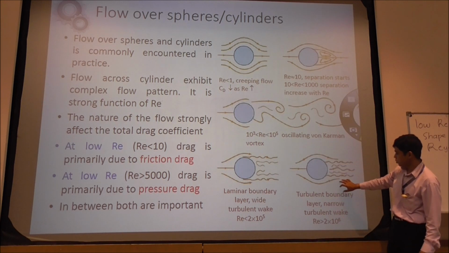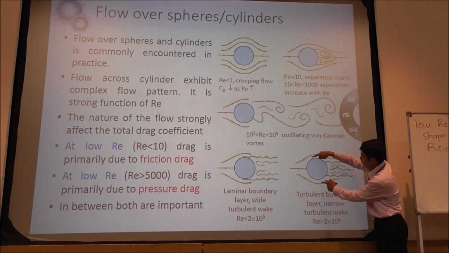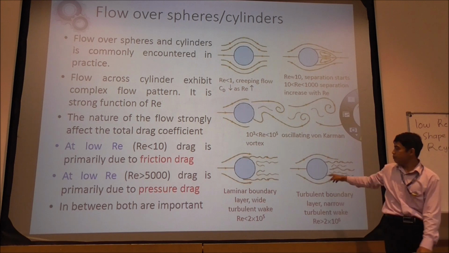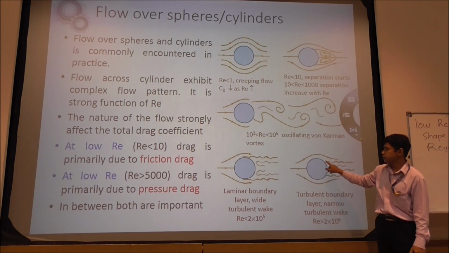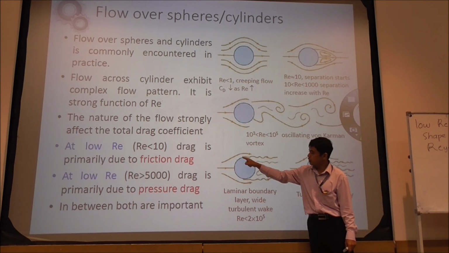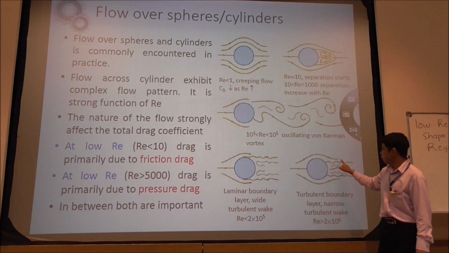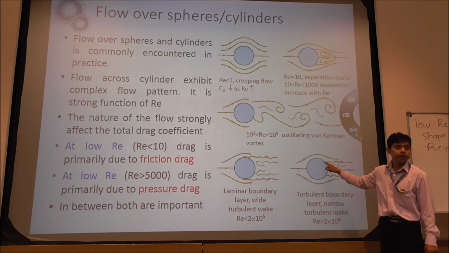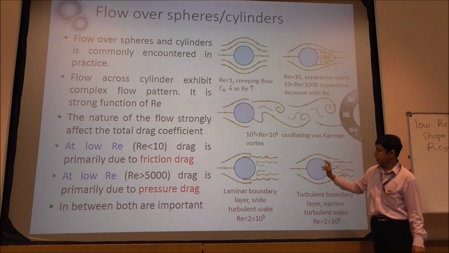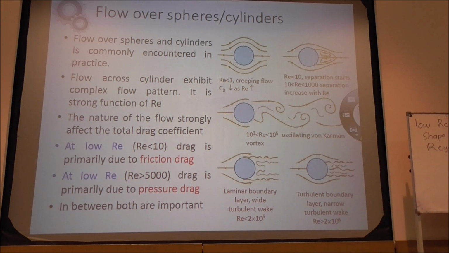But when you have turbulent flow, the detachment starts at a much later stage. You can see this one, the detachment point is over there, but for here, the detachment point is over here. What is it important for? Later on you find out why the golf ball has dimples: it is because of this case.